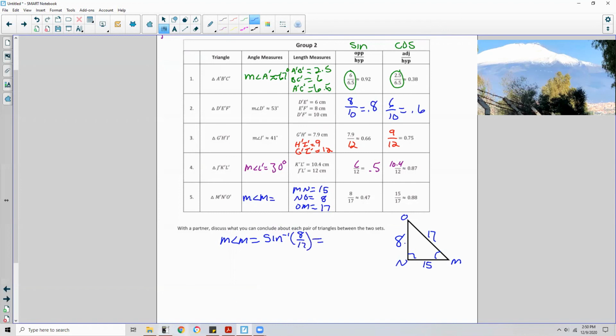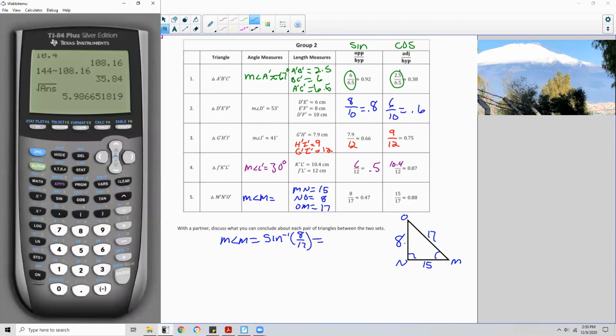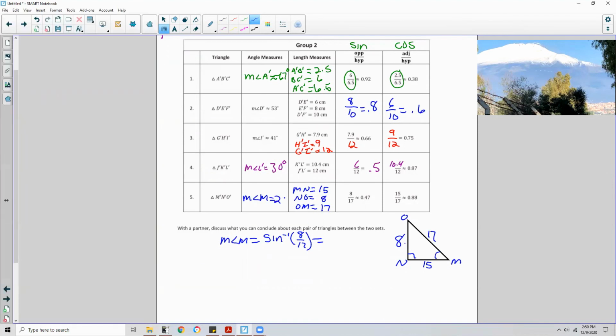And that is going to equal second sine of 8 divided by 17, enter, and it's about 28 degrees.